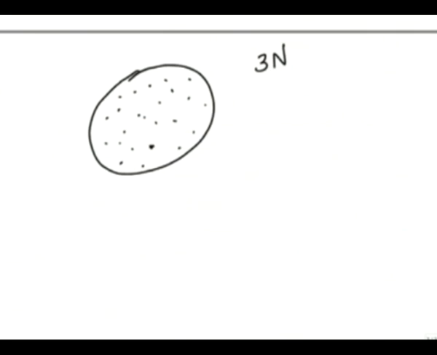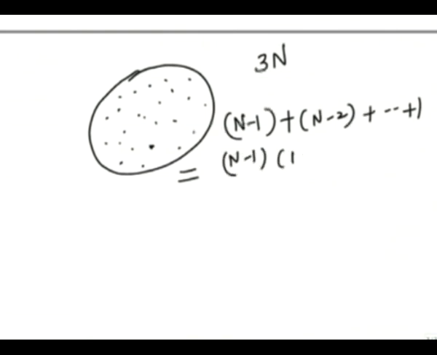For the third particle, n minus 3 equations. Thus total available equations are n minus 1 plus n minus 2 plus and so on down to 1, which equals n times n minus 1 divided by 2, that is half n into n minus 1.